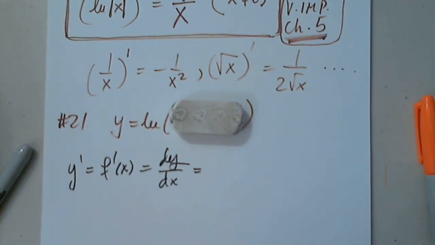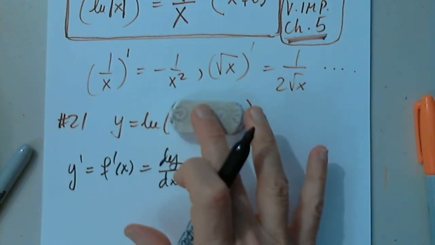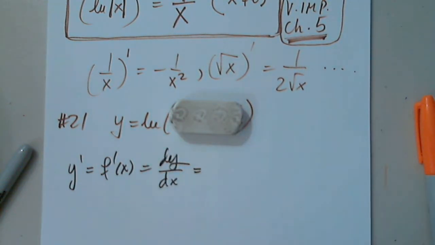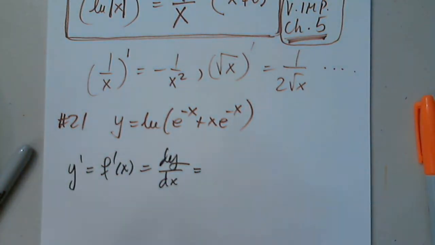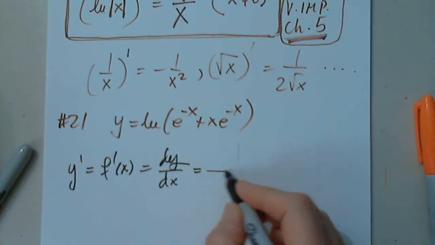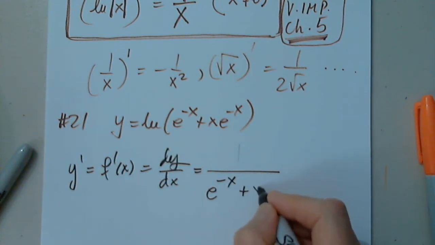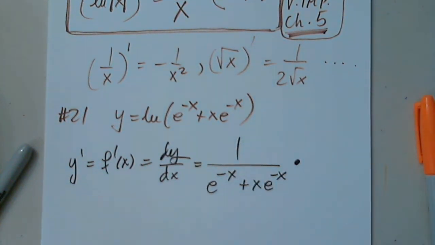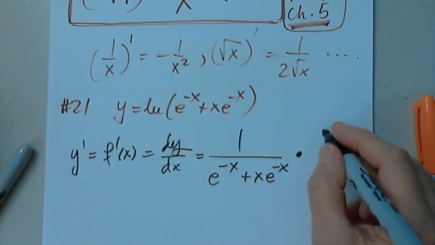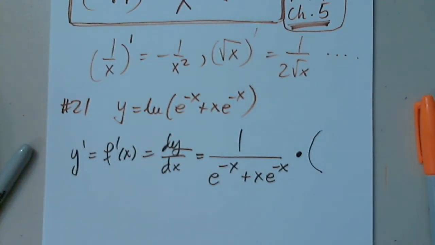The natural log of the function prime. What do I write? 1 over the inner function, times the inner function prime. Brilliant.